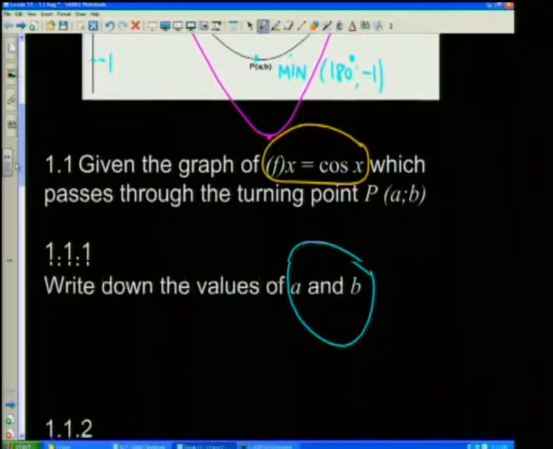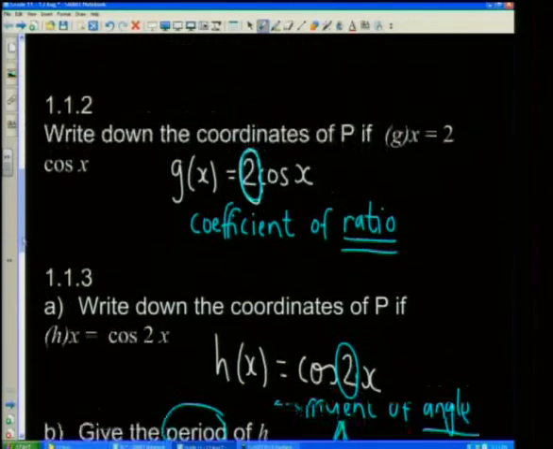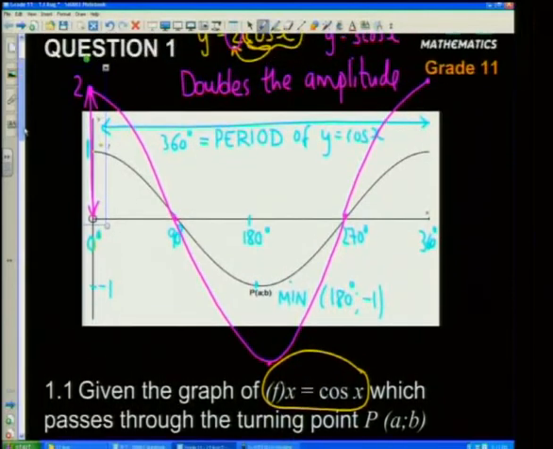Let's look at what would happen if we double the angle. So we go back to the graph, and we double 90, we would now get 180. So at 90 degrees, you're actually plotting what your 180 degree value was, which was minus 1. So at 90, you're actually plotting a negative 1.